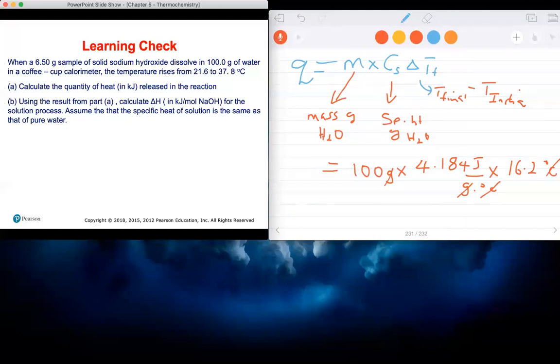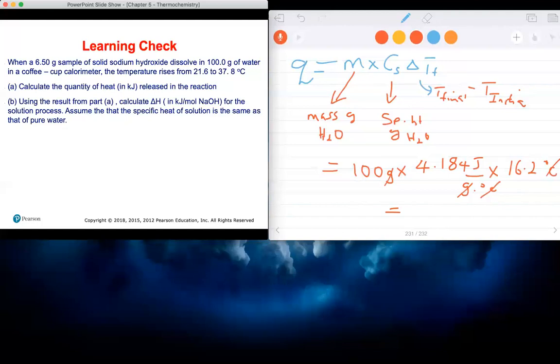The mass of H2O will be used, multiplying 100 times 4.184 times 16.2.